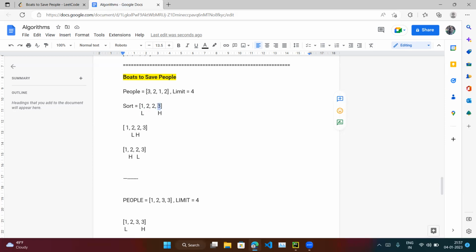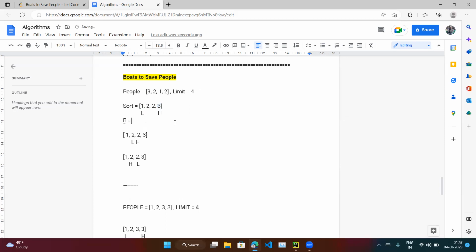So 3 plus 1 is equal to 4, and 4 is less than or equal to 4. So boat is equal to boat plus 1. Now we will increase our left pointer.